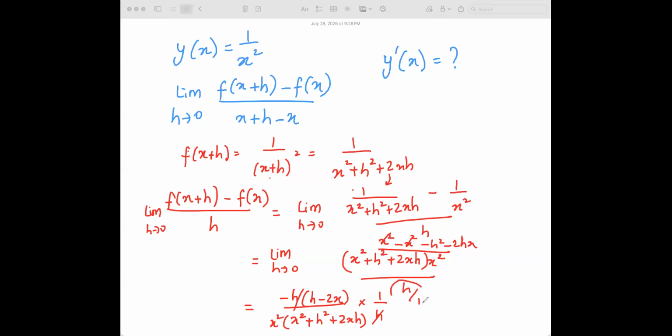That denominator becomes multiplied by 1 by h, correct? Now can we try to apply the limit?